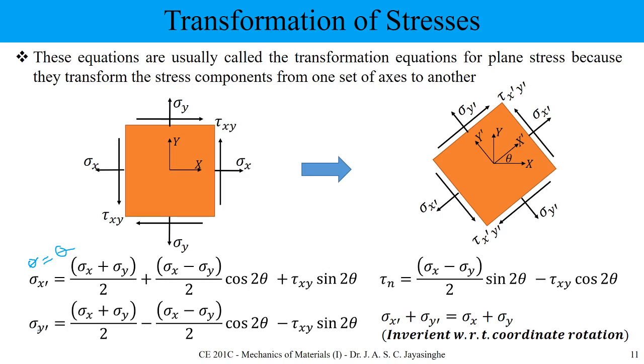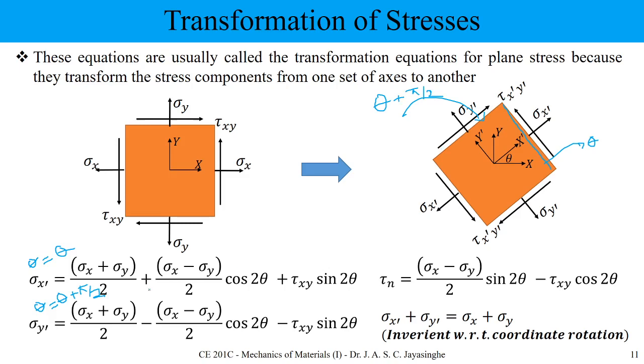When you come to the y axis, theta should equal theta plus pi over 2. So this is the theta plane, and this is the theta plus pi over 2 plane. You need to understand those arrangements.